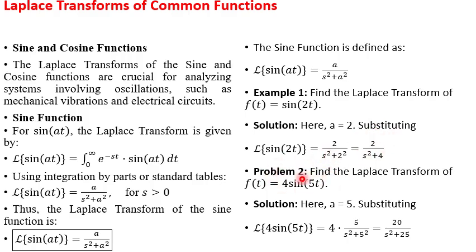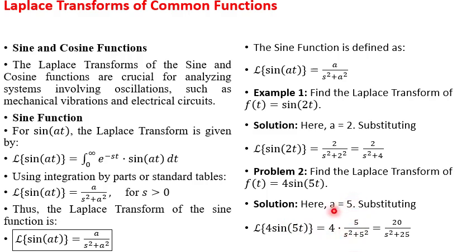Okay, another example. Find the Laplace transform of f of t equals 4 sine 5t. This 4 is just a scaling factor, or a constant, so we treat it as such. Relating this sine function to the expression shows that a equals 5. So the Laplace transform of 4 sine 5t equals 4 times the Laplace transform of sine 5t.